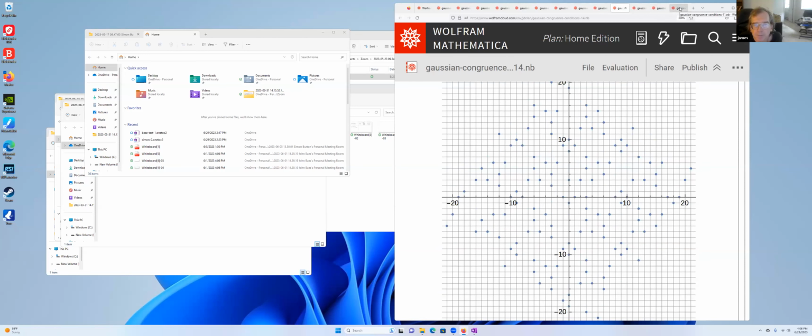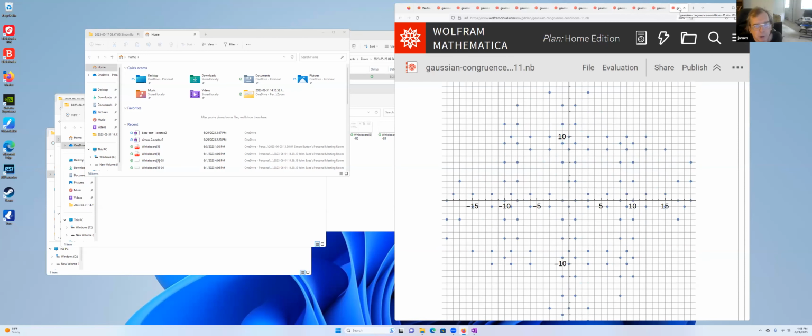So there's this one, which is supposed to be completely non-mysterious. This is the one that's actually just using this norm pattern. So this is showing the primes where the norm of the prime is congruent to 1 modulo 9.